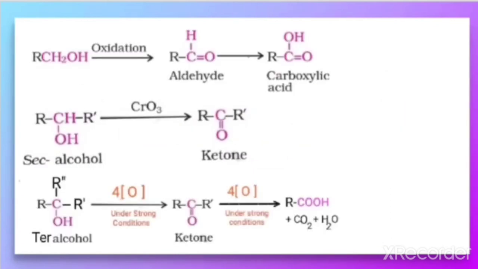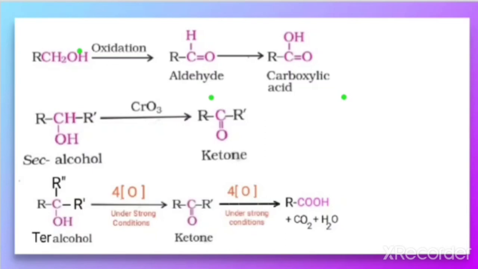When you compare the oxidation of primary, secondary and tertiary alcohol, it is clear that oxidation takes place under an oxidizing agent. But in the case of tertiary alcohol, oxidation takes place under strong conditions because it involves cleavage of the C-C bond. In the oxidation of primary alcohol, aldehydes are the product, which on further oxidation give rise to carboxylic acid.